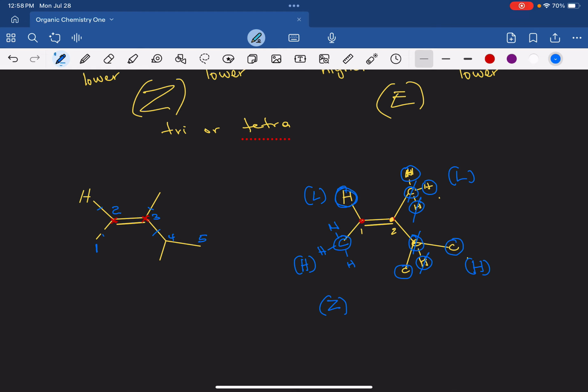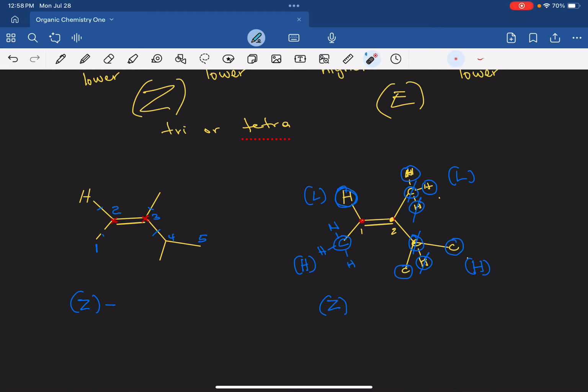All right. Now, we have already established on this side that the configuration here is Z. So to name this, right, this and this is the same thing. All I did was remove the circle so I could name. You write Z in open parentheses, right? I have two substituents. Remember you list your substituents. They're the same.